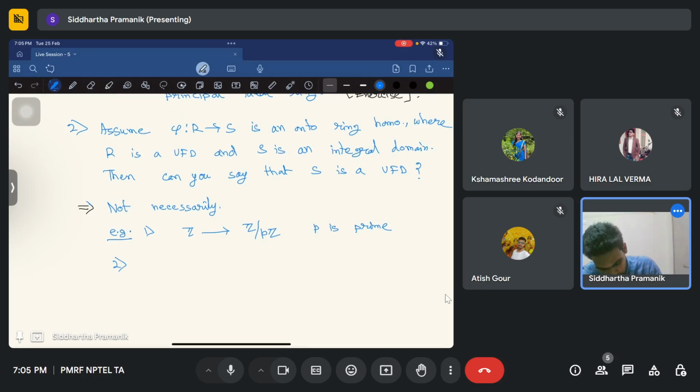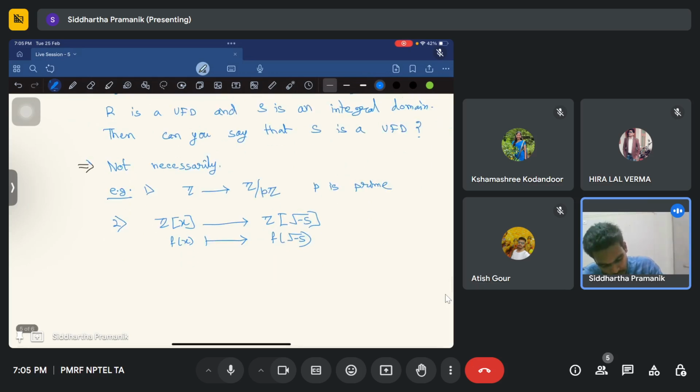But if you take from Z[x] to Z[root minus 5], where f of x maps to f of root minus 5, then this is also a surjective ring homomorphism, and the kernel of this is x square plus 5.